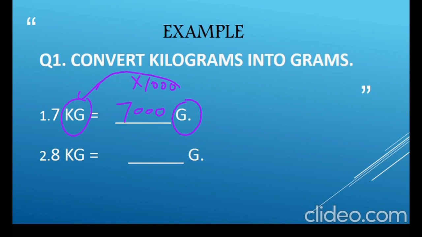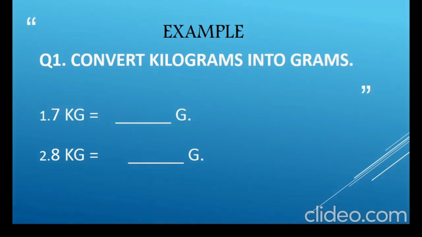Now, let's solve this. 8 kilograms and I want to transfer it to gram. Again, ask yourself, which one is the biggest unit? Good, it's kilogram. Now, multiply this value with 1000. Good. So the answer will be 8000.